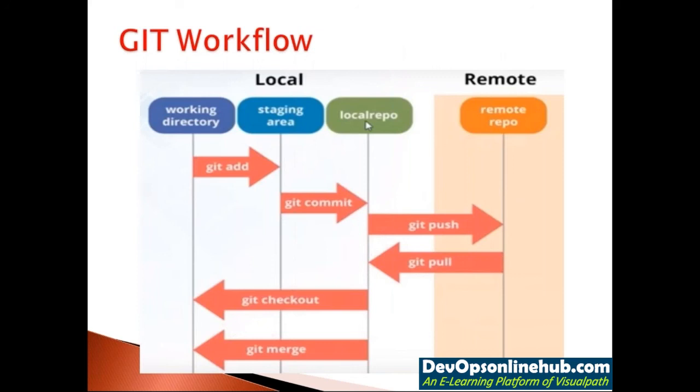As we go through the commands, you can connect to this. Working directory: I have created a file, I have changed that file, I have added the code, that refers to the working directory. After I do the git add, it will refer to the staging area, and after I do the git commit, it will refer to the local repository.